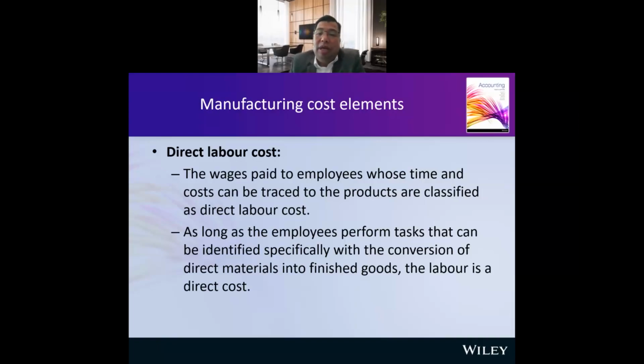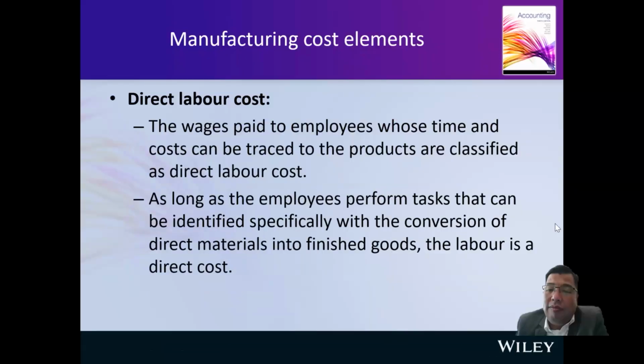Maybe you have labor involved in cutting the raw material, painting, or scrubbing. That labor is direct labor. Why? Because it is involved in the process of transforming one item from one step to another, from one type to another type. So that is the direct labor cost.